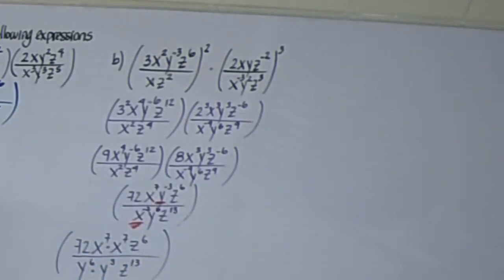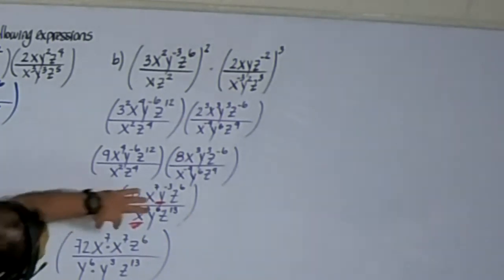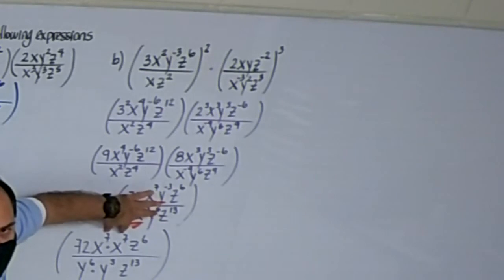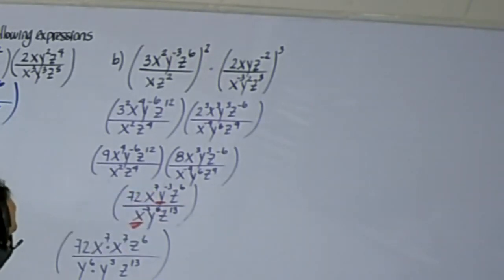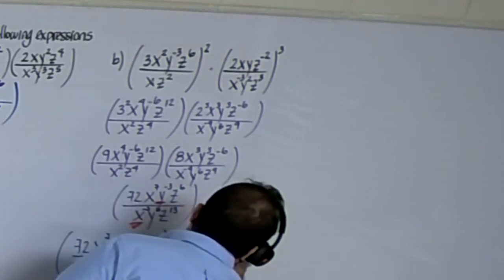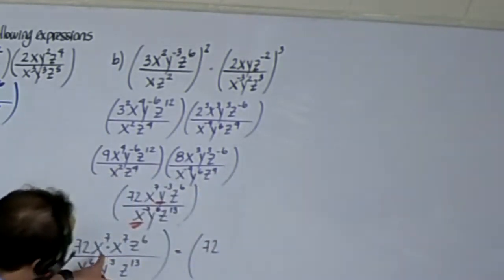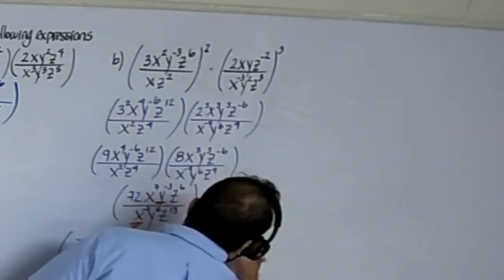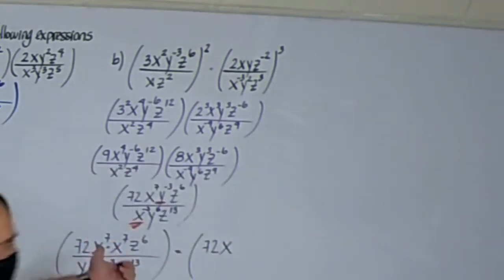However, we cannot simplify yet because we have a multiplication of powers with the same base. Copy the base and add their powers. What does that mean? That means we're going to have 72 x to what power? No, no. Copy the base and add the powers. 14.